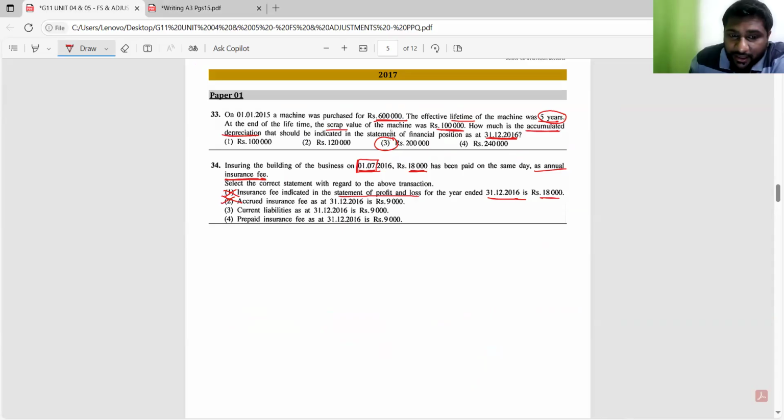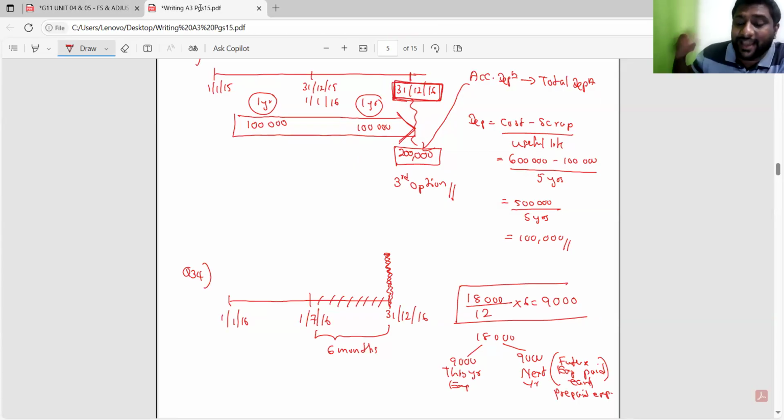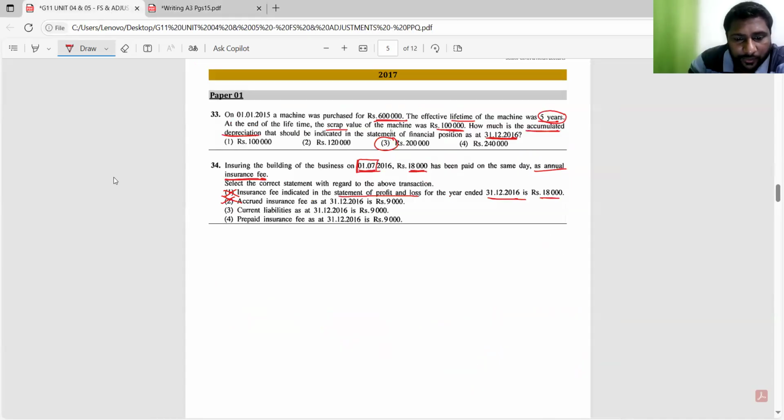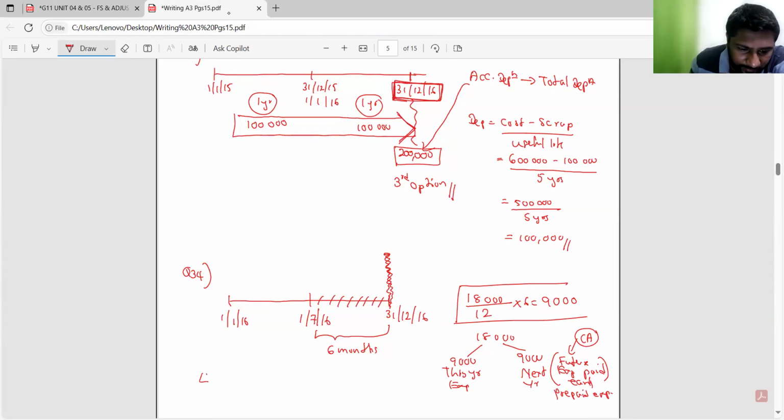Not a current liability. Prepaid insurance is a current asset. Prepaid insurance, accrued income, current assets. Future expenses paid now itself are current assets. This is also wrong. This is the correct answer. So the fourth option is the correct answer.